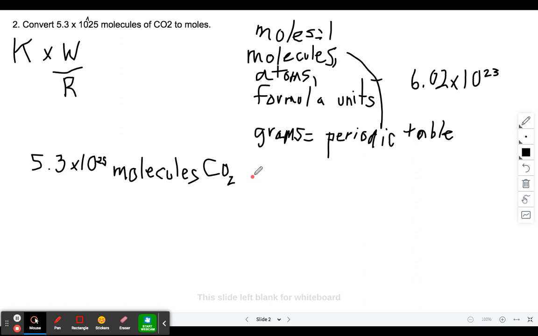I want to find the amount of moles, so that's going to go on top. That's my want, because it says I want to convert it to moles. And what I want to get rid of is always what other unit is on the top. So my know is also what I need to get rid of. What I need to get rid of is those molecules. I started with molecules, so I need to get rid of the molecules.